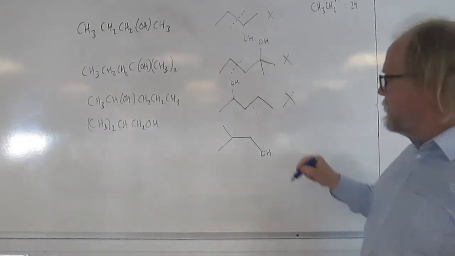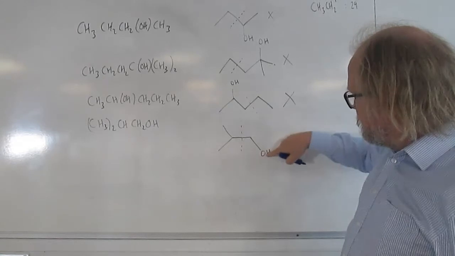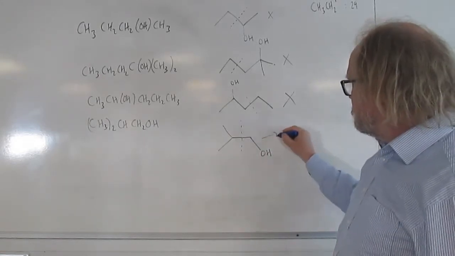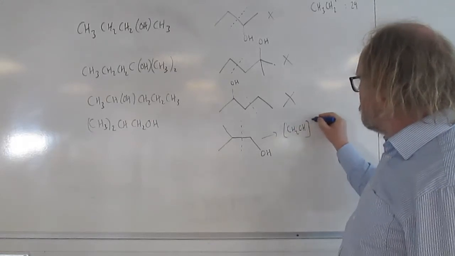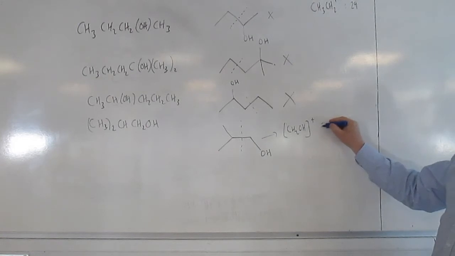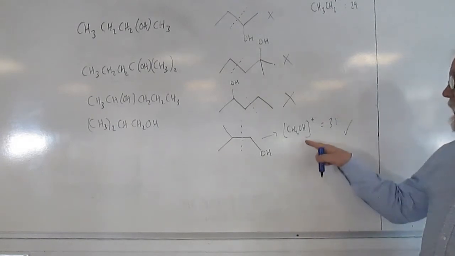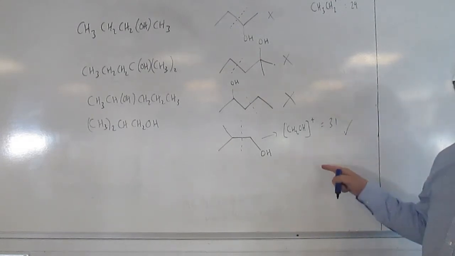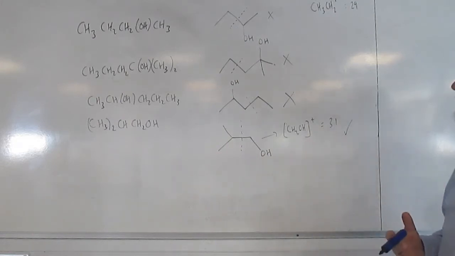But this is the one where you can, because if you break it here, you get CH2OH plus. And if you add that up, you get 14 plus 16 plus 1 is 31. So that's the one that can do it. And you can see any primary alcohol is going to have that CH2OH plus as a possible fragment.